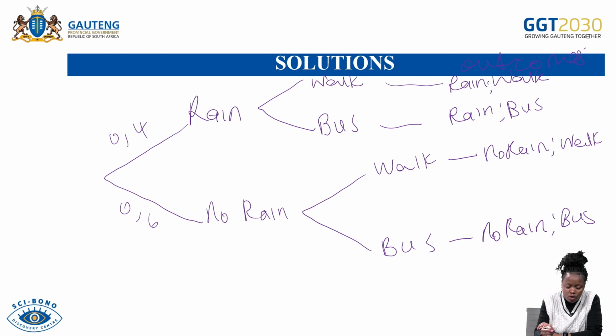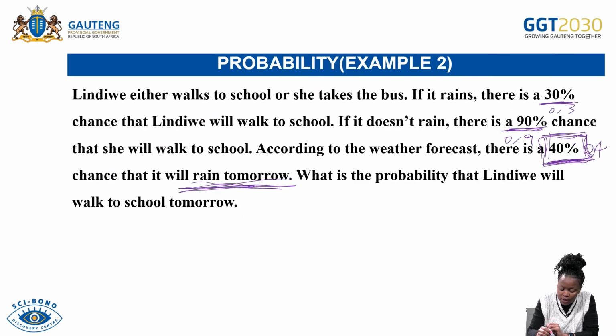Why am I saying 0.4 and 0.6? Because remember, when you combine your probabilities, they need to always give you 1, or if you combine your percentages, they need to give you 100%. So 0.4 and 0.6. And then you come this side, it says, if it doesn't rain, there is a 90% chance that she will walk to school. So if there is no rain, then there is a 90% chance that she's going to walk to school.